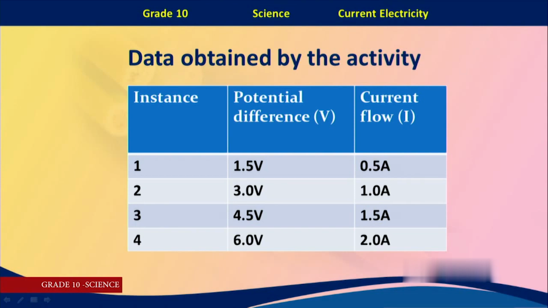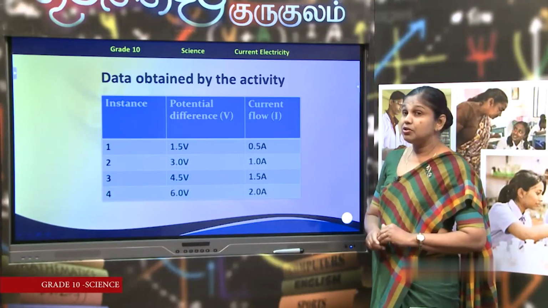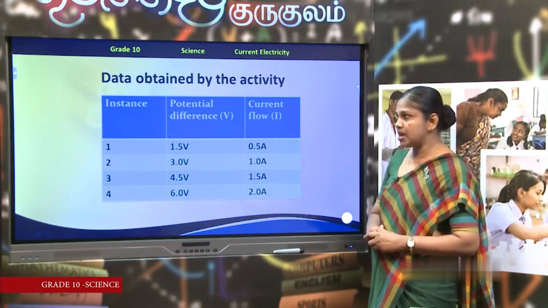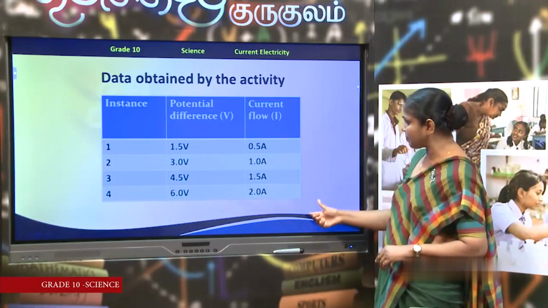And in the third case, 4.5 volt, 1.5 ampere. And in the fourth case, 6 volt and 2 amperes. Children, why do we collect data like this? To draw a graph based on potential difference and the current flow.